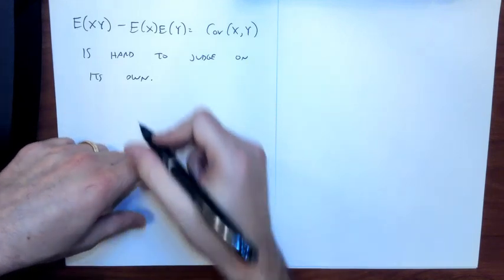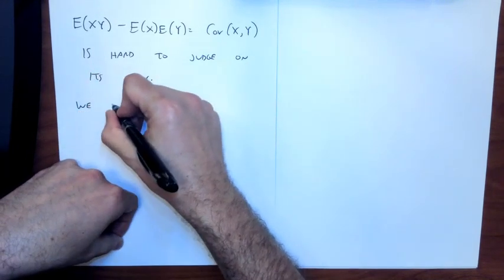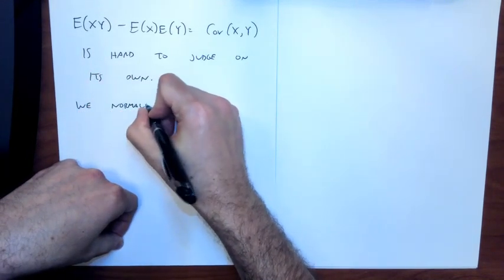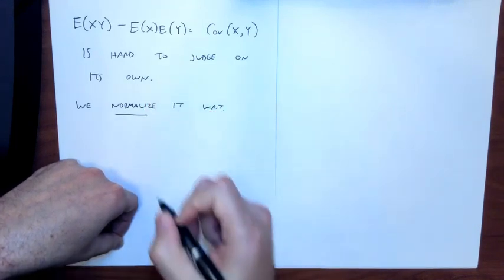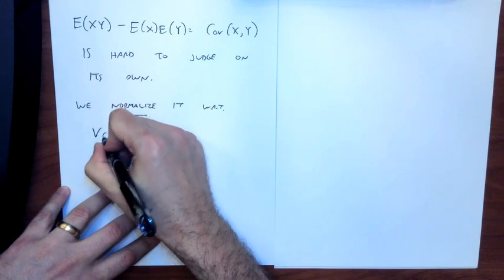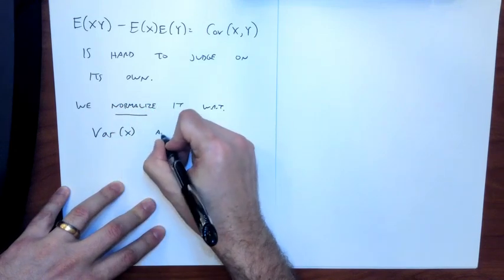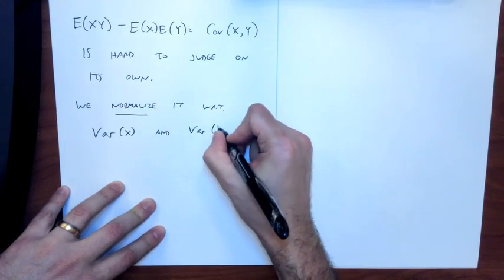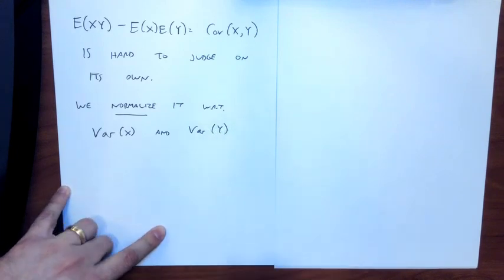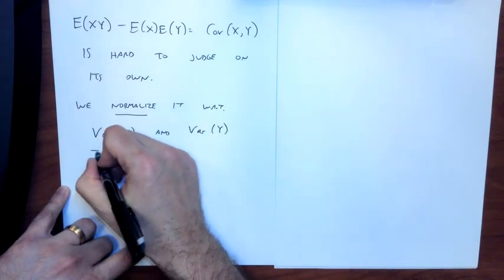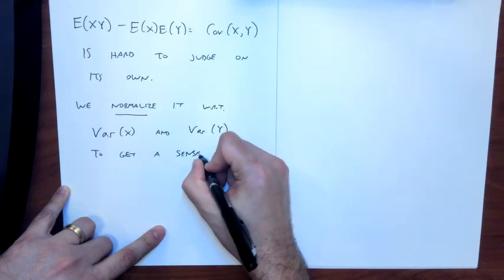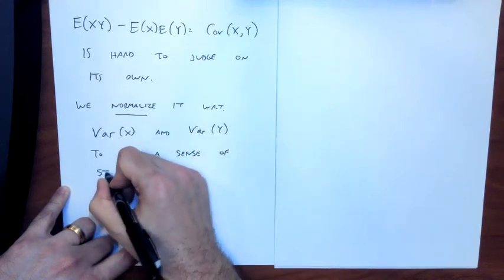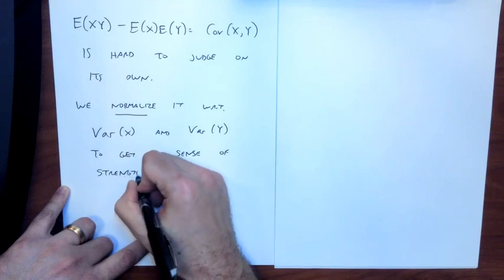And so what we do is we normalize it with respect to the variance of x and the variance of y, to get a sense of the strength of the correlation.